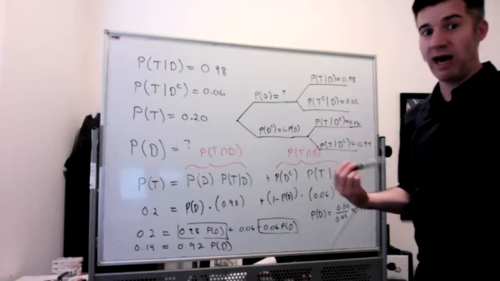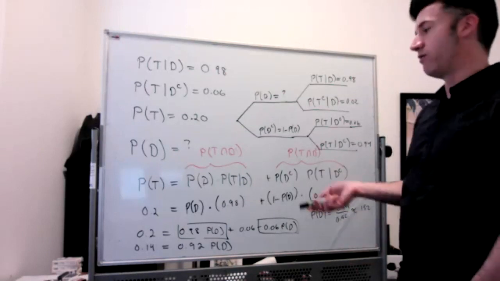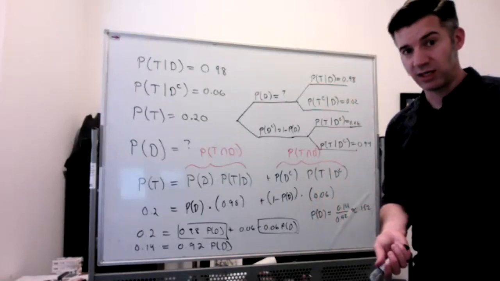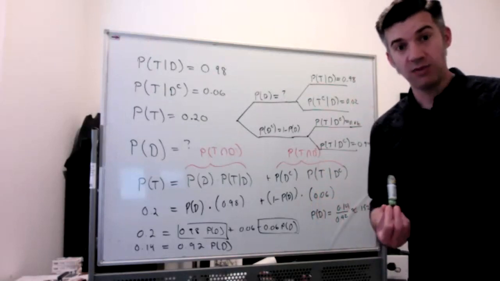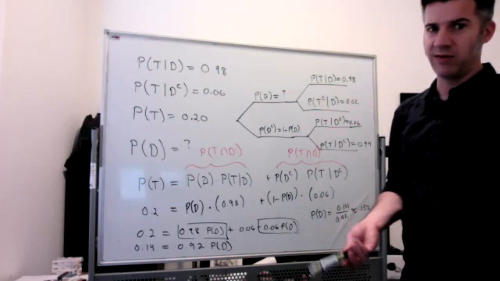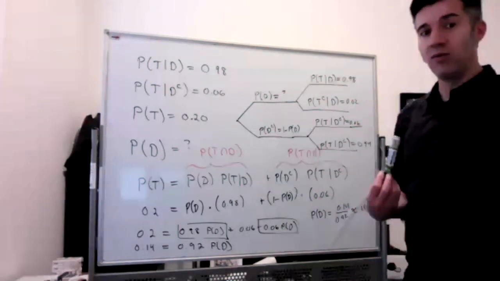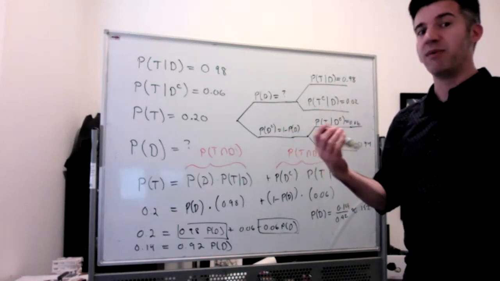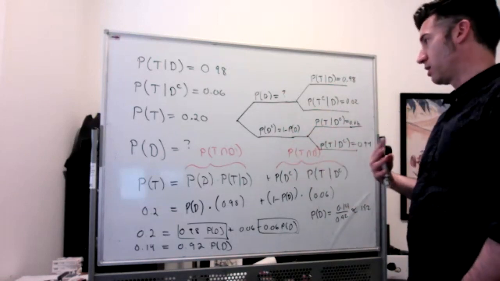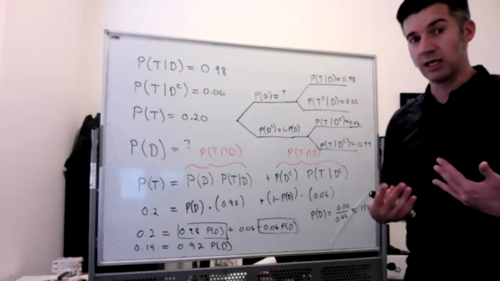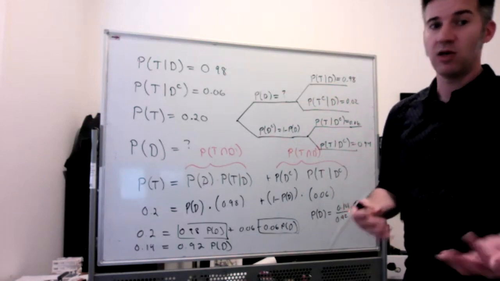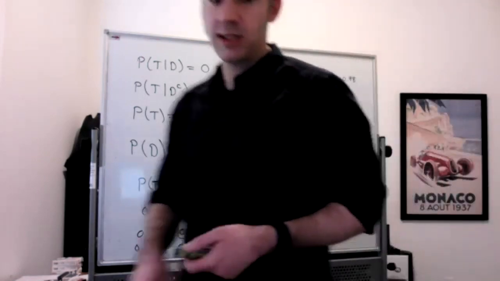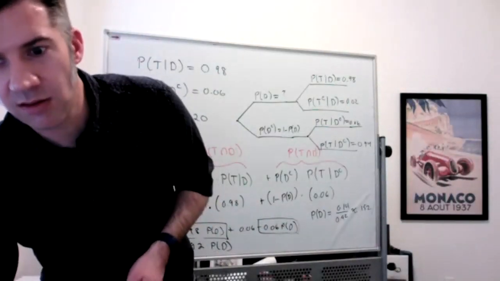Whereas the probability that you have the disease given a positive test is very likely to be much, much less than that, which is really kind of interesting because people sometimes make the wrong assumption and think, oh, well, if you have a positive test, it's pretty likely you have the disease. It really depends more on how prevalent the disease is in the world. That's the bigger factor when it comes to determining the probability of having the disease, given that you have tested positive.